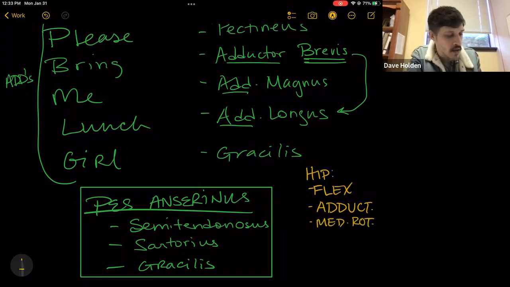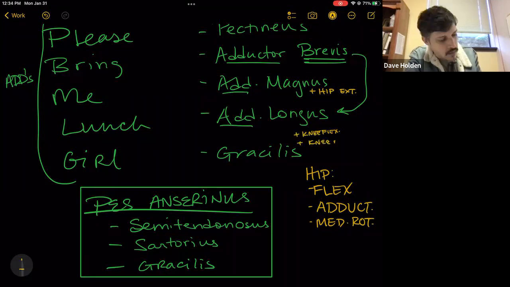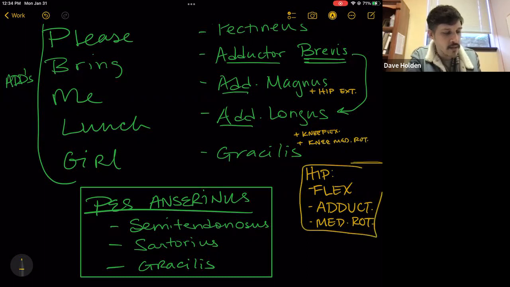They all had those same actions. Now, 2 of them had extra actions that were added. Adductor magnus got plus hip extension. And the only one that crossed the knee was gracilis. So gracilis also got knee flexion and knee. Otherwise, they all share these same common actions.